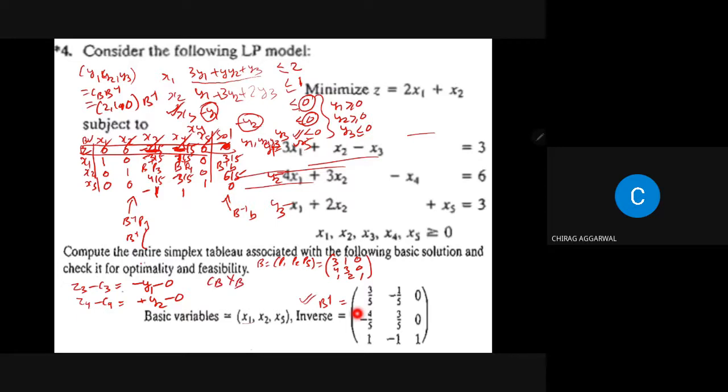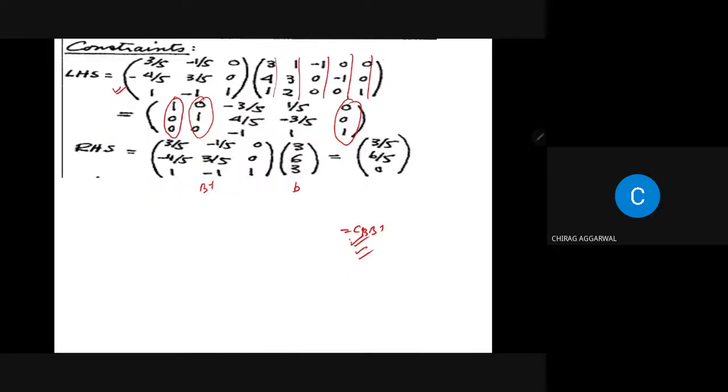So cB xB will be c1 x1 plus c2 x2 plus c5 x5, and we have computed x1, x2, x3 as 3/5, 6/5 and 0 on the right-hand side.